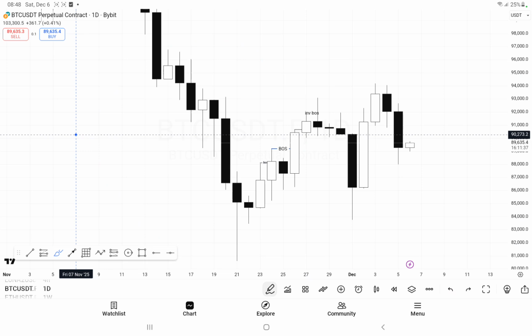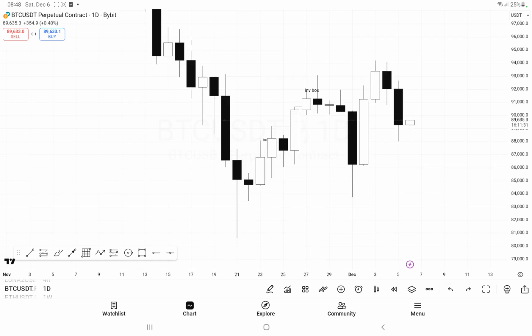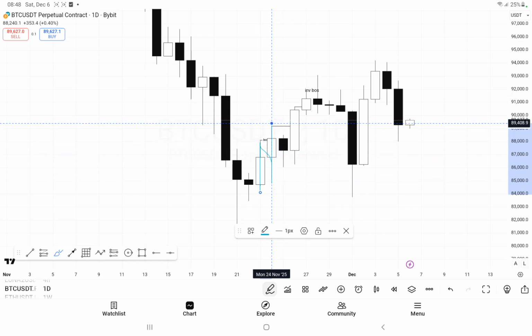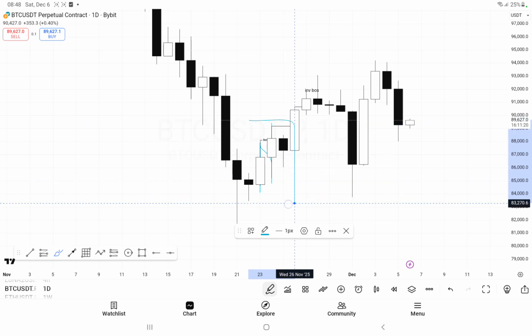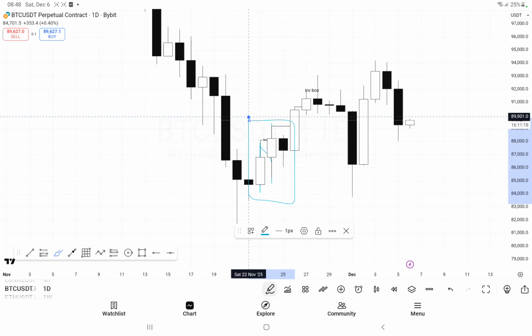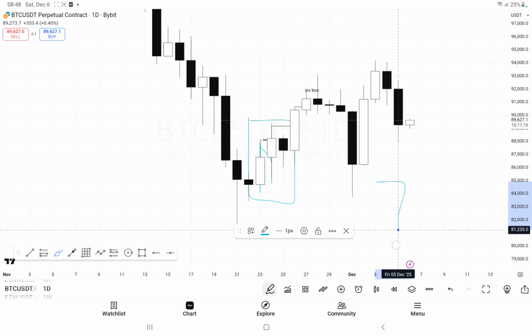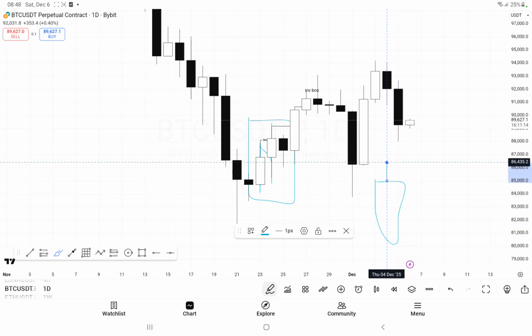So for a change of character, this one now is for change of character. When you have one candlestick like this to the next candlestick, you have a break of structure, and we also call this a complete trading range. One candlestick to another is a complete trading range.